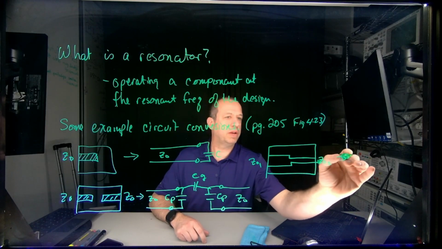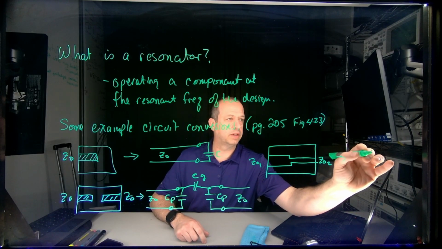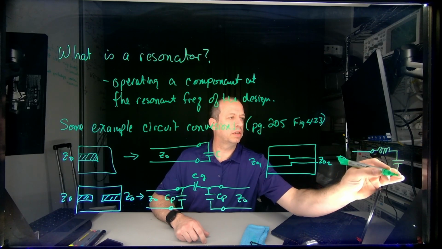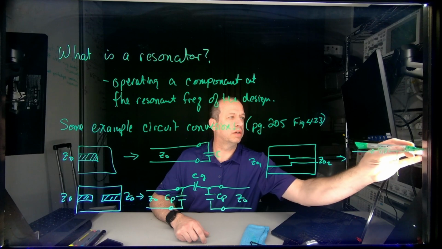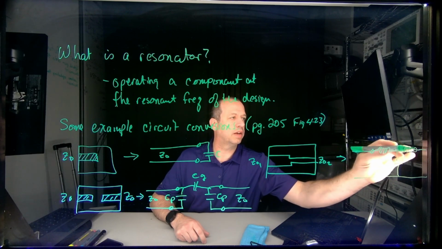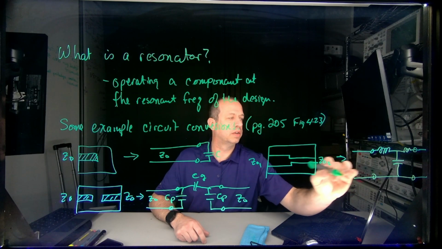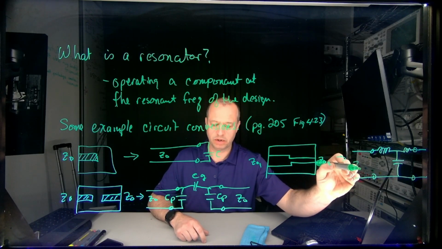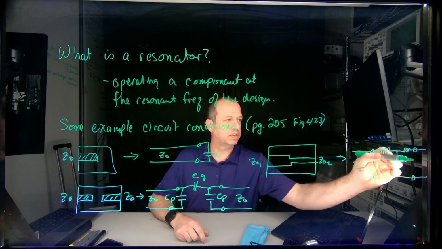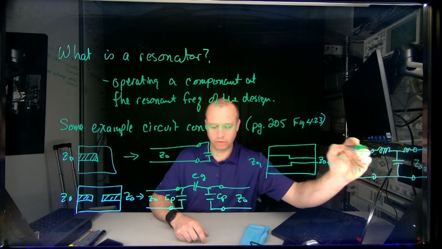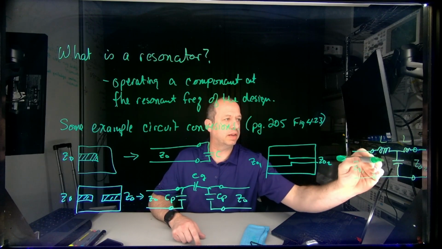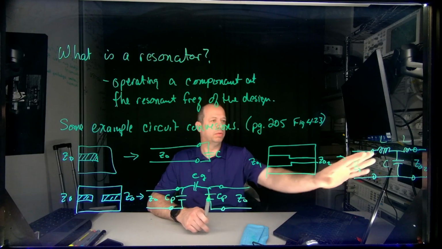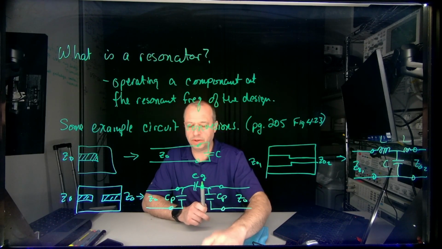In here, we have to treat this as an inductor with a capacitor and another inductor. So that is how this is treated. And we have both characteristic impedances here, Z01, Z02, and then we have both L, L, and C. So that is how these are translated between the two.